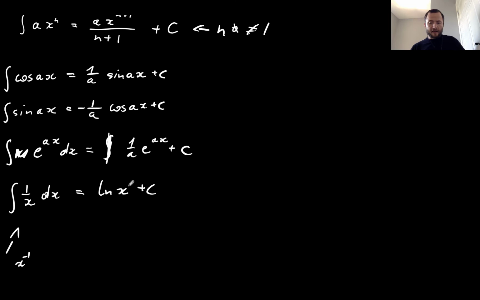Okay, so these are the integrals that we need to remember. And let's take a look at a couple of examples of integration. So an integral of a function, let's open up a bracket, 4 plus 3 over 7x minus 6x squared, all that dx. So I'm going to do an integration of each of those functions separately.